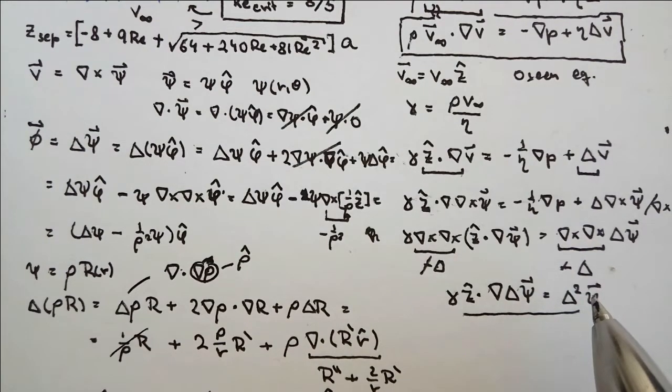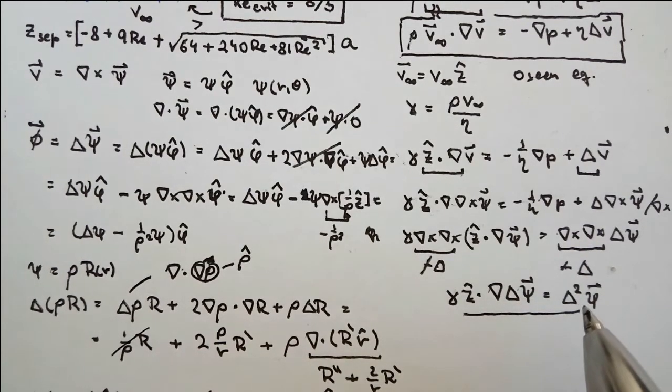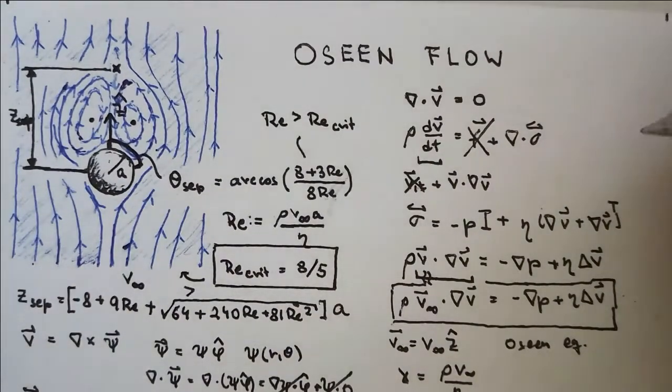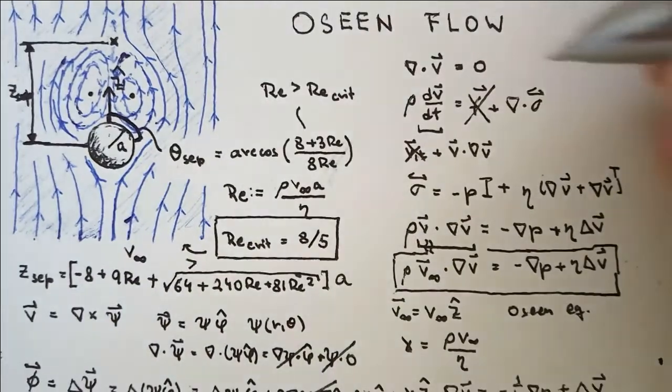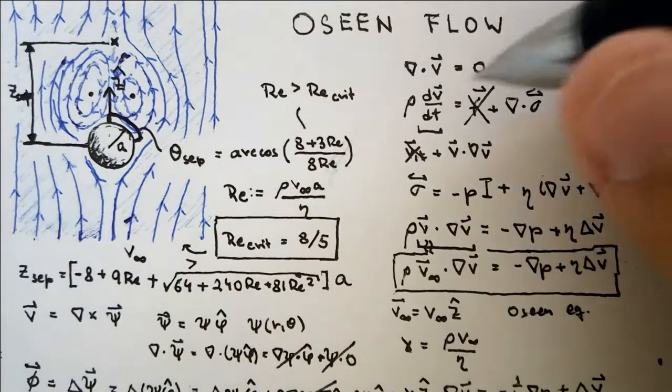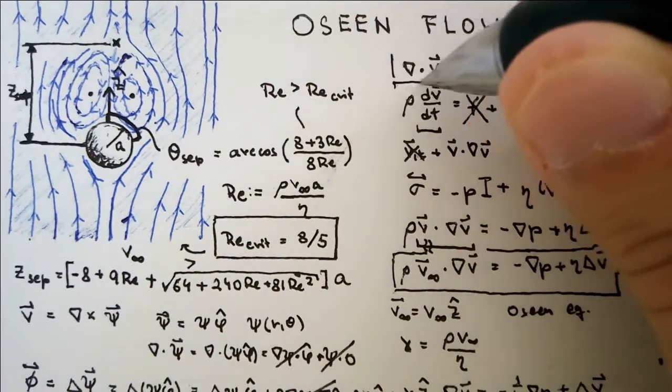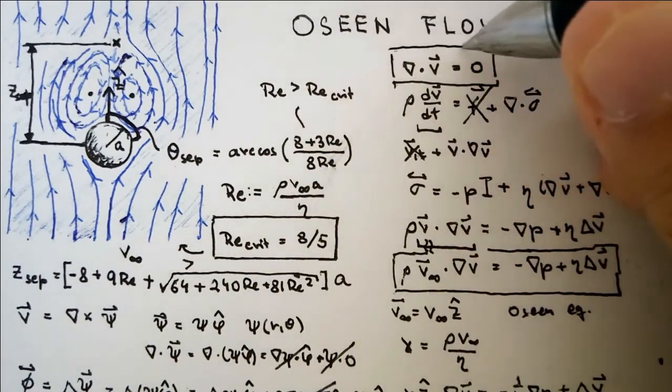So this equation is exactly the equation for Stokes flow. And I've almost forgotten to mention the boundary conditions for V, for our two equations, the first and the second one here. The boundary conditions are basically this one.